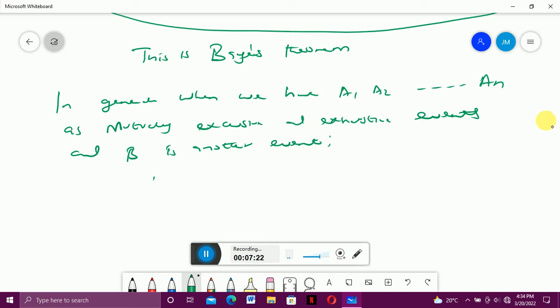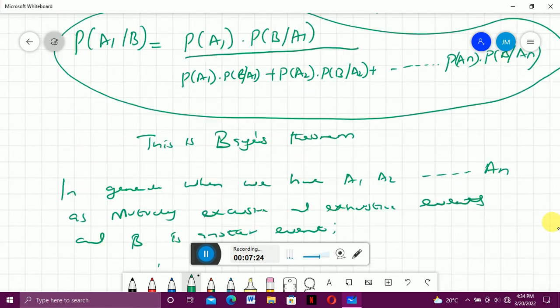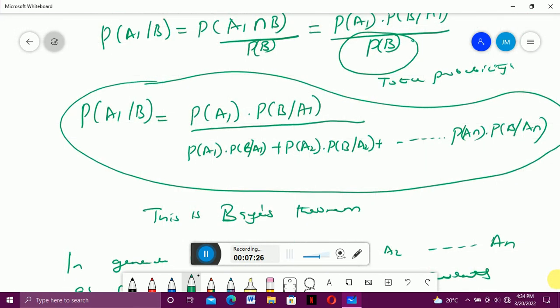Let us go back to the Bayes' theorem that we have written here. In general, every place where we have A1, we write a general AR.